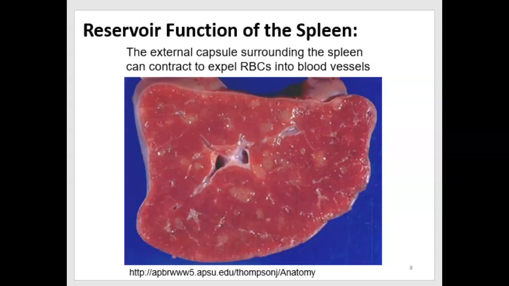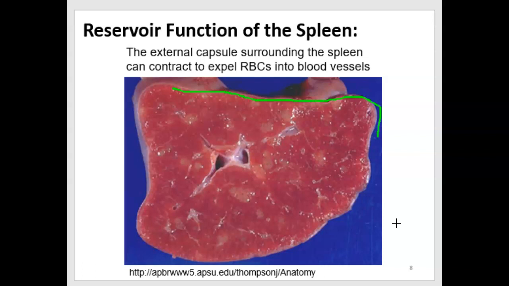And so let me show you a healthy, freshly harvested spleen that has been cut so that you can see its interior, and you can see that there's a capsule surrounding the outside. That capsule we call the external capsule surrounding the spleen.